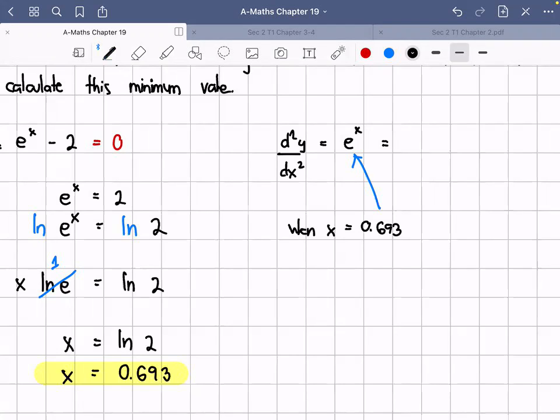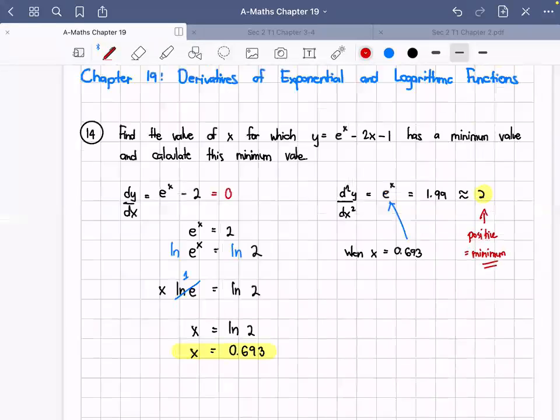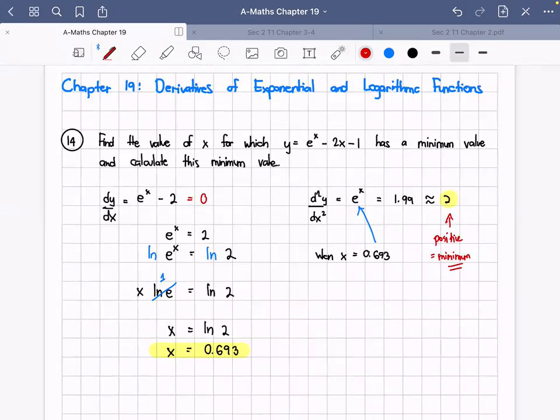Okay, so your answer is 1.99 or 2. Again, since our answer is positive, that means, yeah, it is a minimum. So this is your answer for number 14.